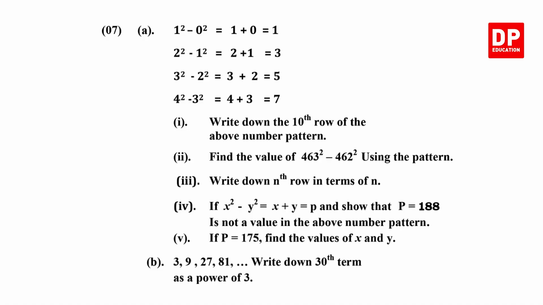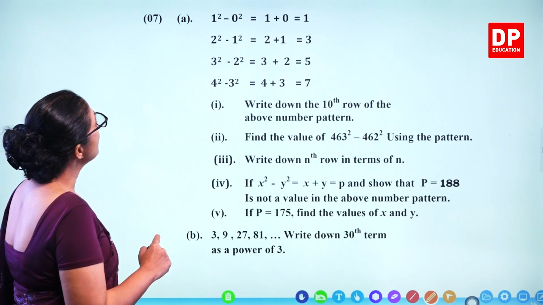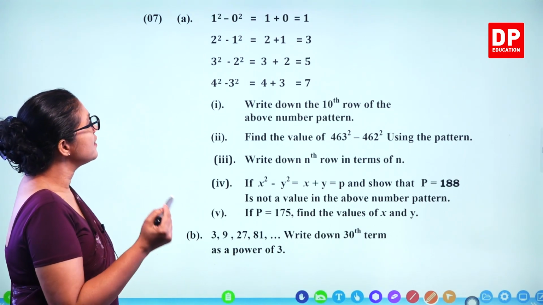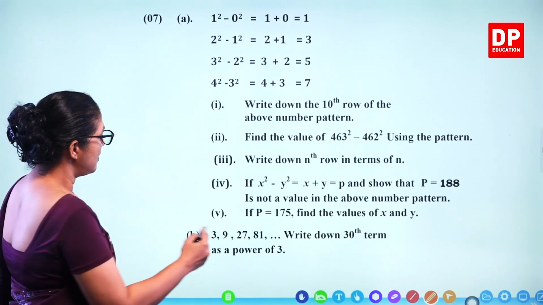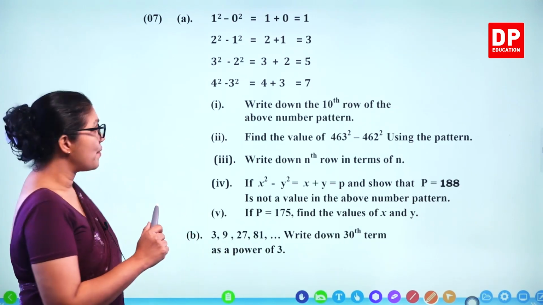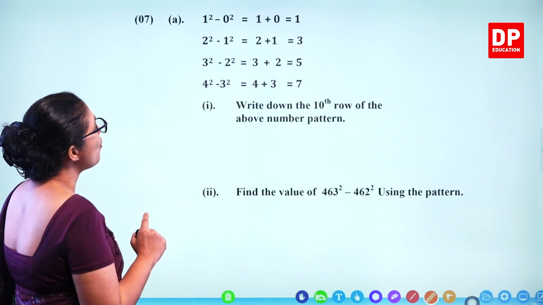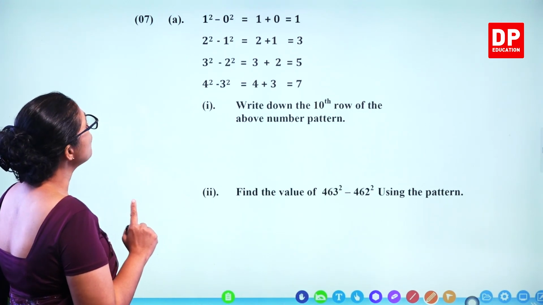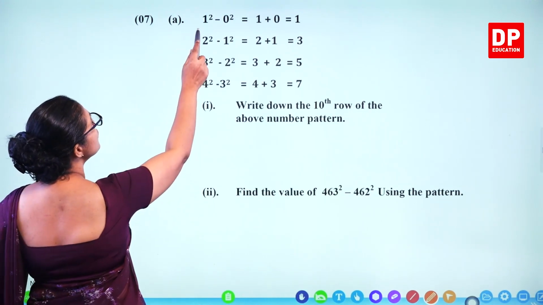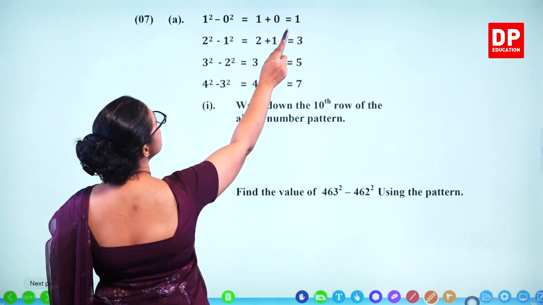Question number 7. Here you have given a pattern and you are asked to find the 10th row, and here another pattern there. So we'll do separately. Write down the 10th row of the above number pattern. So you have to observe the pattern. First row here 1 plus 0.